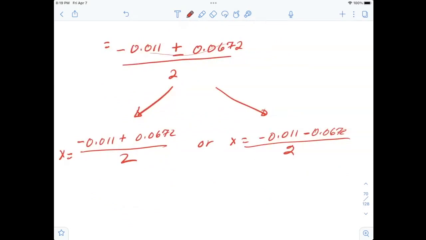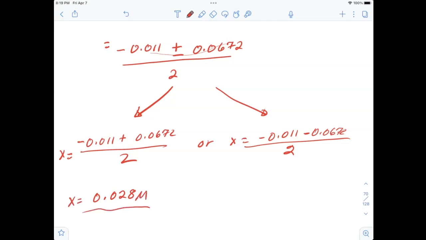We're close to the end. Very close. Okay, let's see. For the first one, I'm going to take negative 0.011 plus 0.0672 divided by 2, and you get 0.028. That's x.